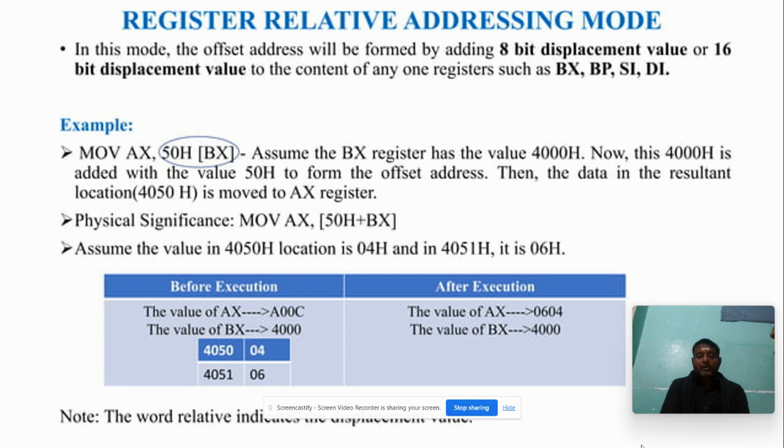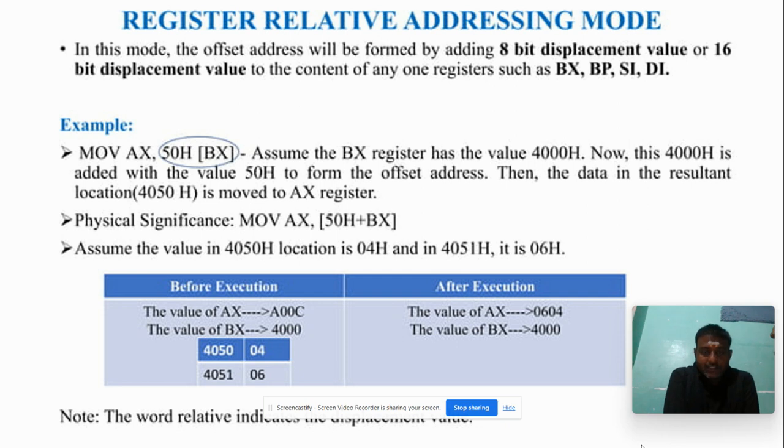4000. Now the physical address in the 8086 microprocessor is calculated as the offset address plus the displacement value.